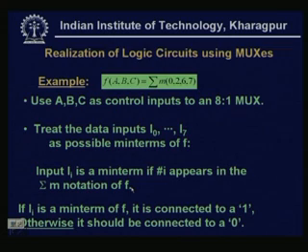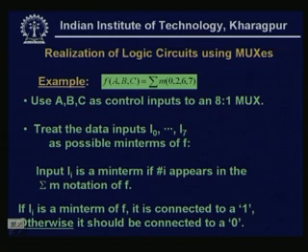So, now we want to concentrate on today's topic: how any combinational circuit can be designed using a multiplexer. Because just now we have seen that any larger multiplexer can be designed using the smallest, fundamental 2 to 1 multiplexers.